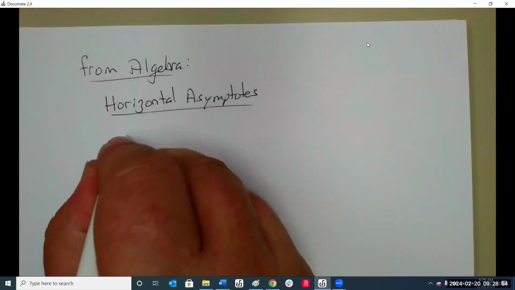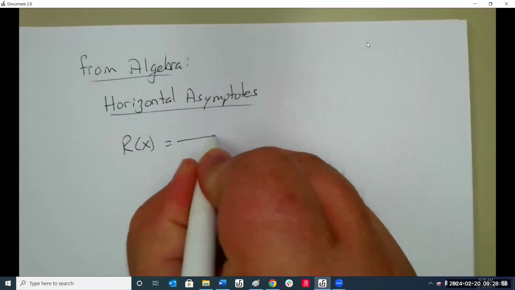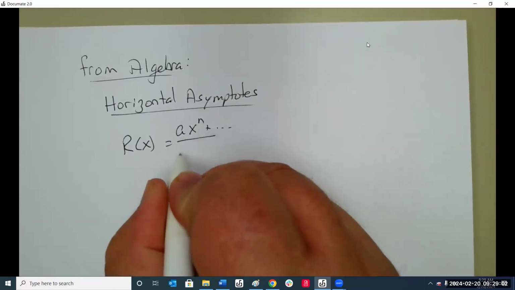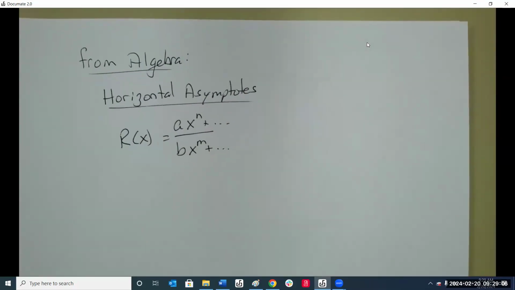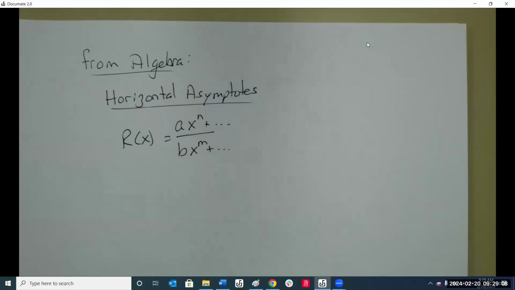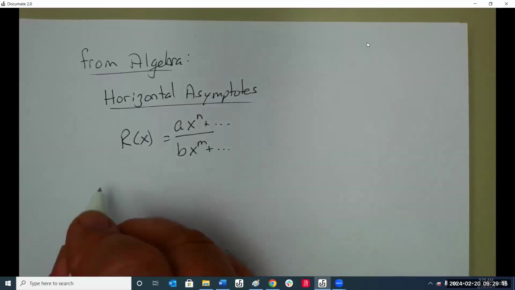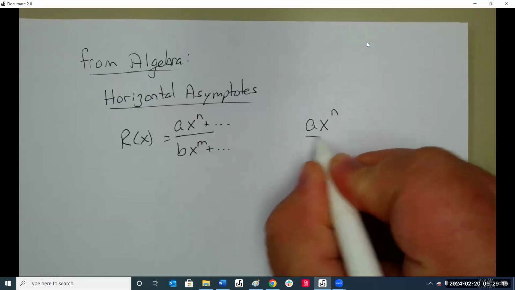Exponents, very good. So you have a function, r of x. The leading terms are the important parts of polynomials. That's all we have to look at, the leading terms. So all we have to look at is the very first term.